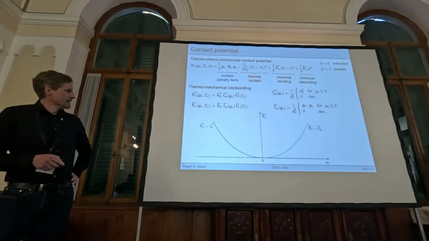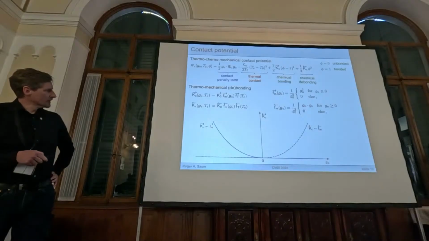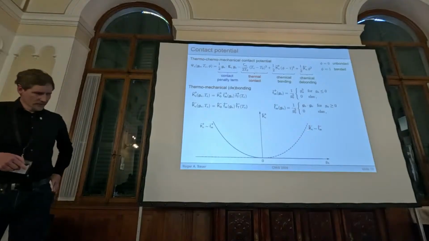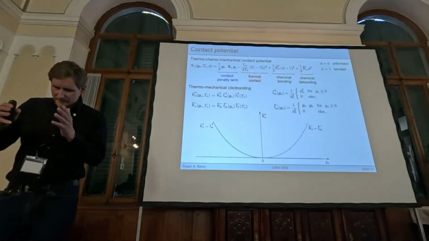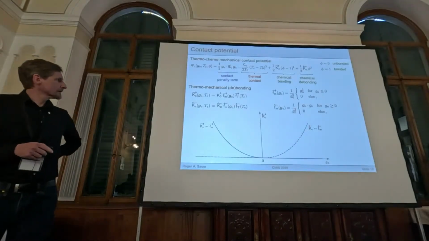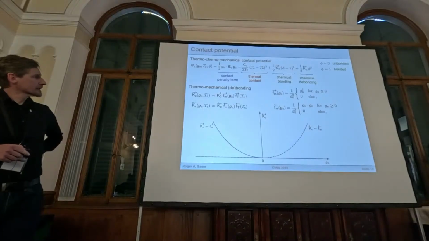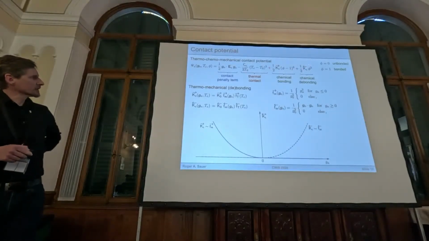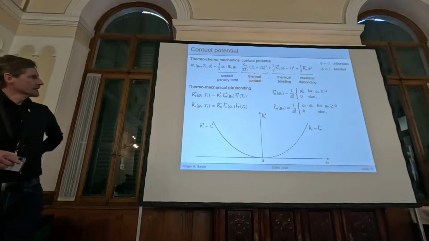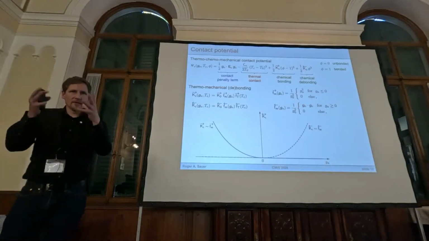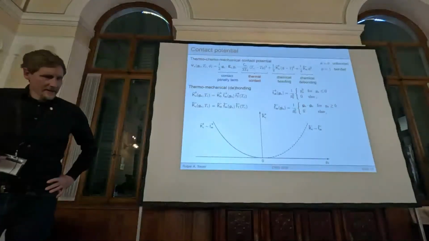So basically you have bonding when you're going into the penetration, and debonding when you're going into separation. And this, I would say, is more or less the simplest form, because everything is quadratic. All these pieces are quadratic. Also, these pieces here are eventually quadratic. So that would be the simplest way of constructing such a potential.